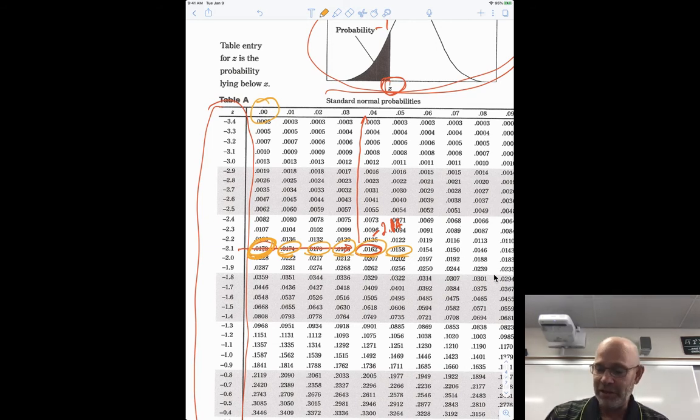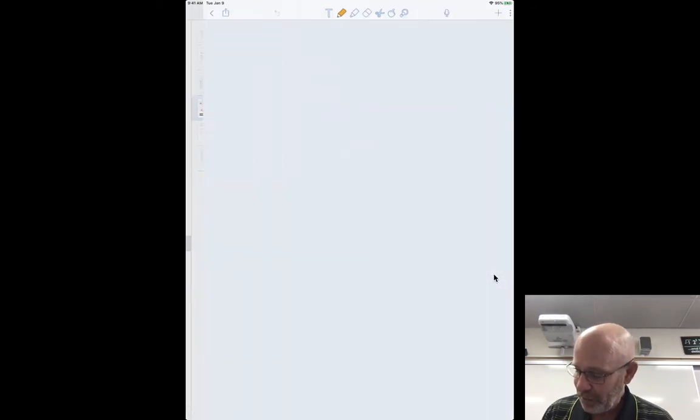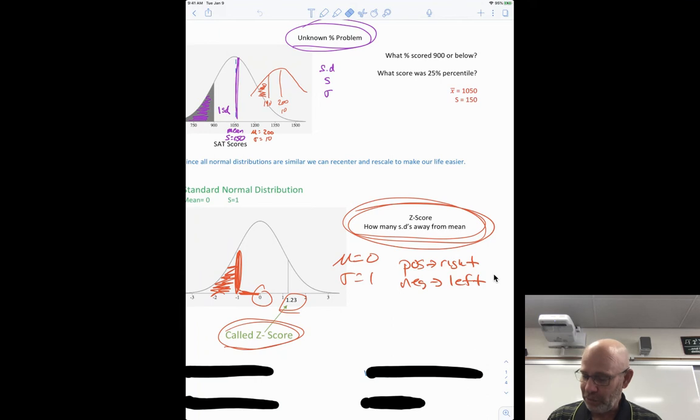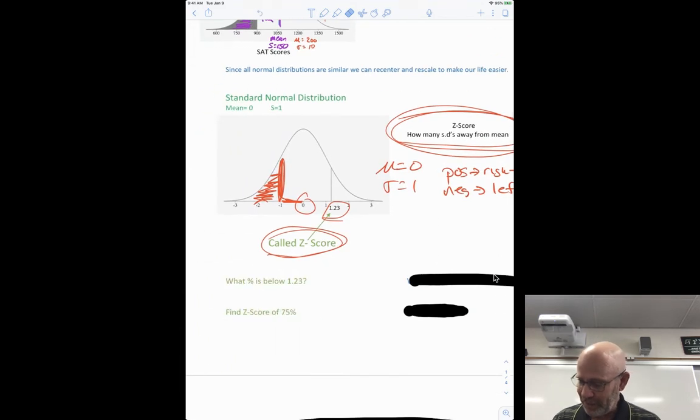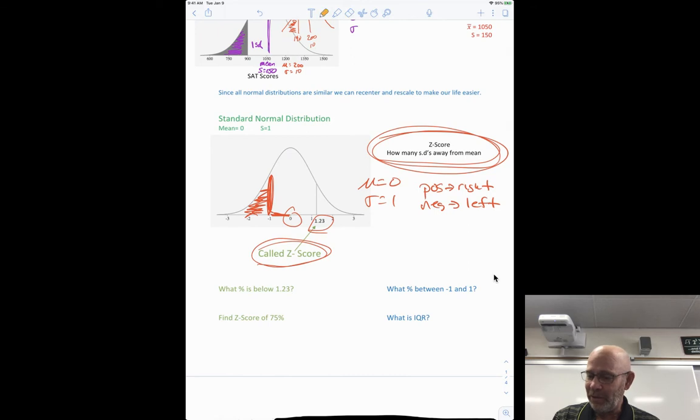I'm just going to do some example problems for you, bouncing back and forth from that note sheet to this. These are the types of questions you could get asked. I'm going to ignore this last one; we don't want to do that one right now. The first question is, what percent is below 1.23? I go to my chart.